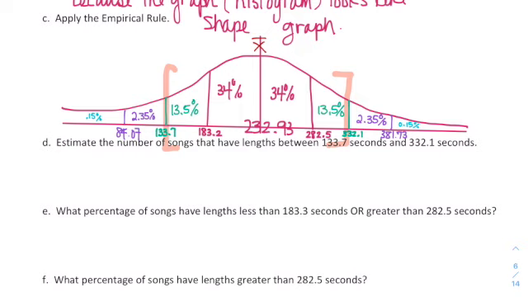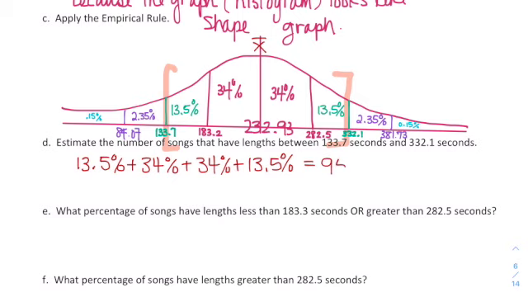So you have 13.5% plus 34% plus 34% plus 13.5%. And when you add them all together, that's going to be about 95%, because if you remember, that's actually 95% of all the songs available.